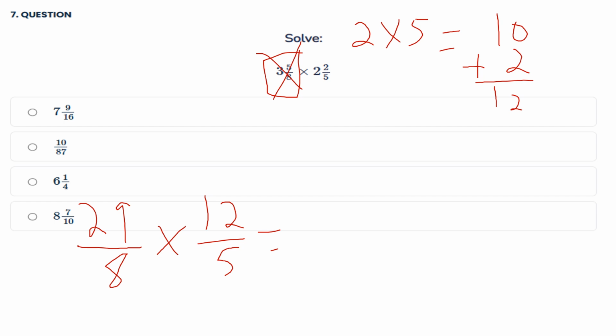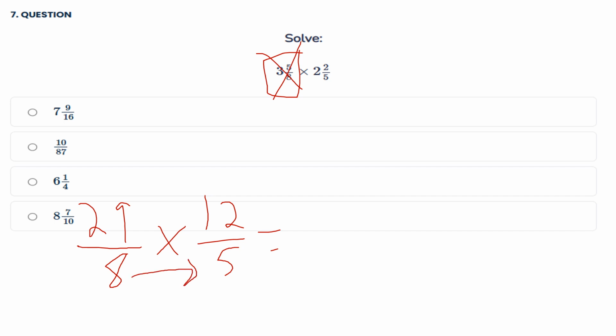Now that we have our mixed numbers turned into improper fractions, next we're going to do our multiplication. So I'm going to start with the denominator because it's a little bit smaller. So 8 times 5 is 40.